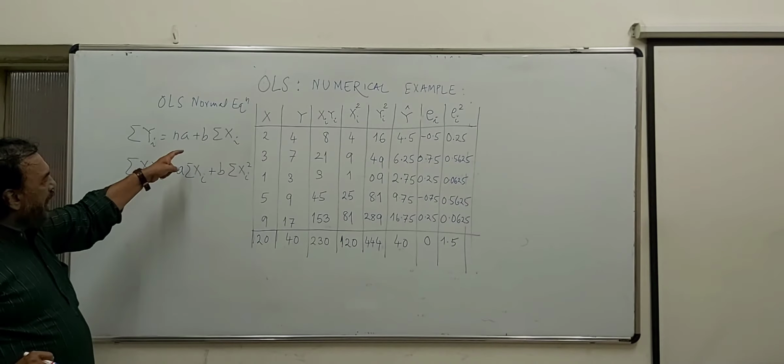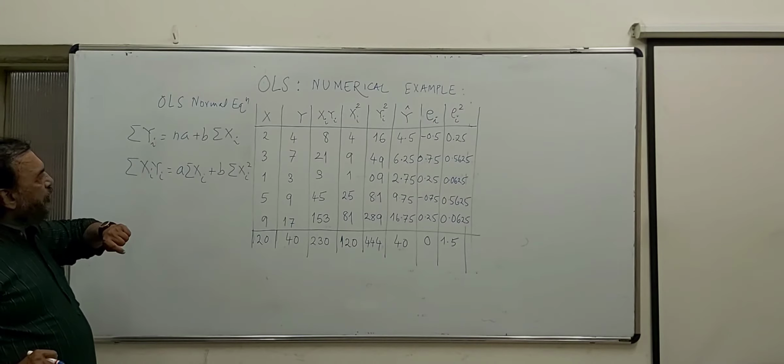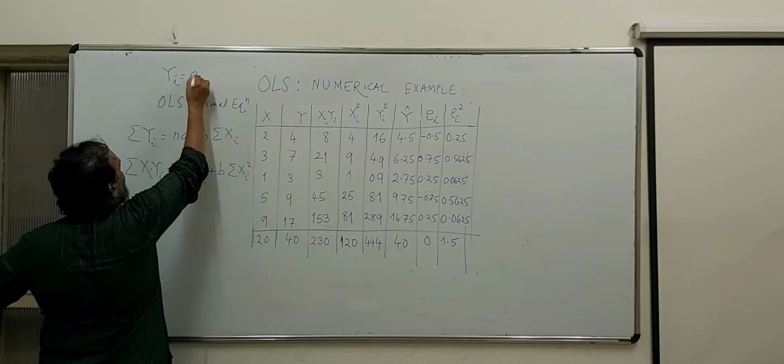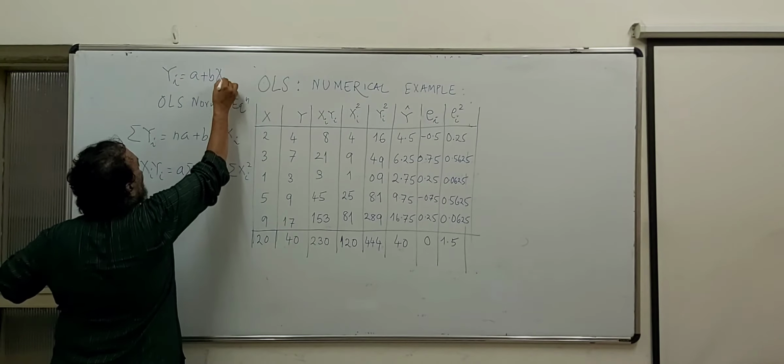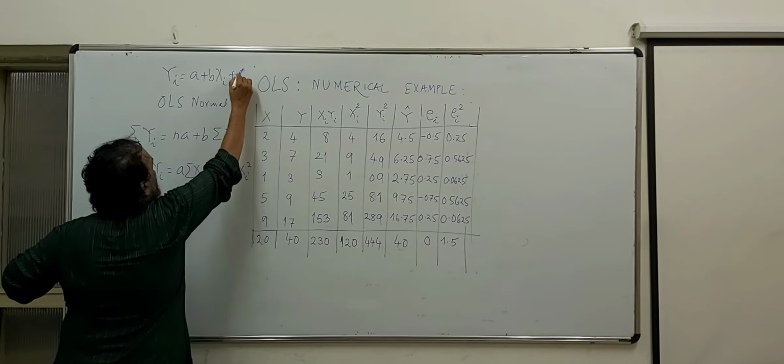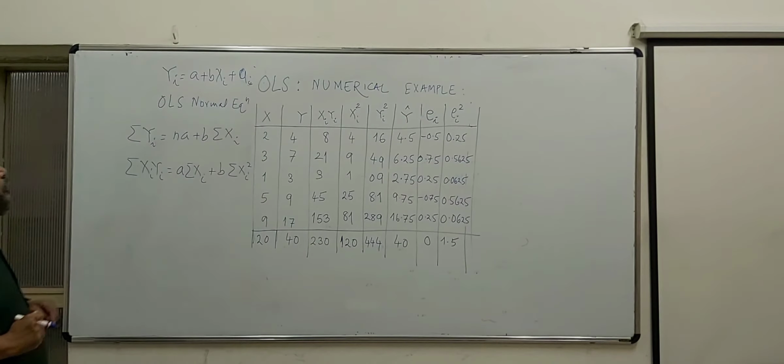They are the result of the condition that we impose, that if the relationship between y and x is of this type, you can write that, probably I have written u, I will stick to that, then the summation ei or summation ui, the random term, in squared form added up, should be minimum.